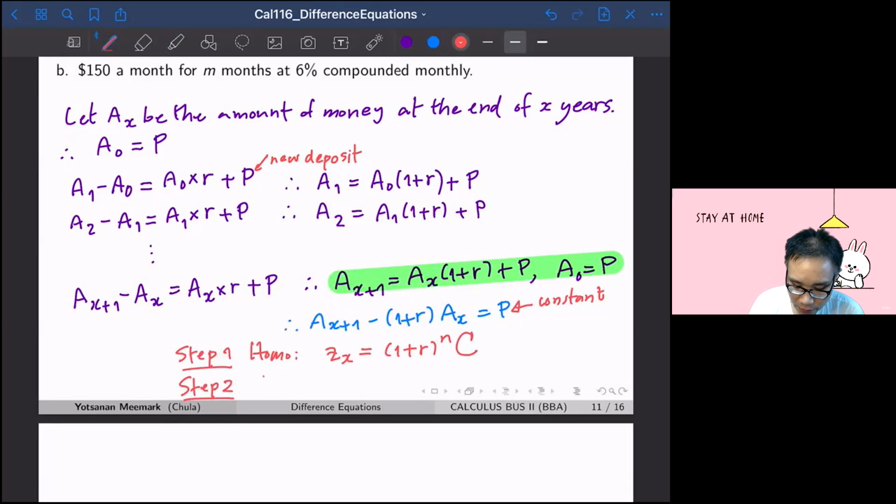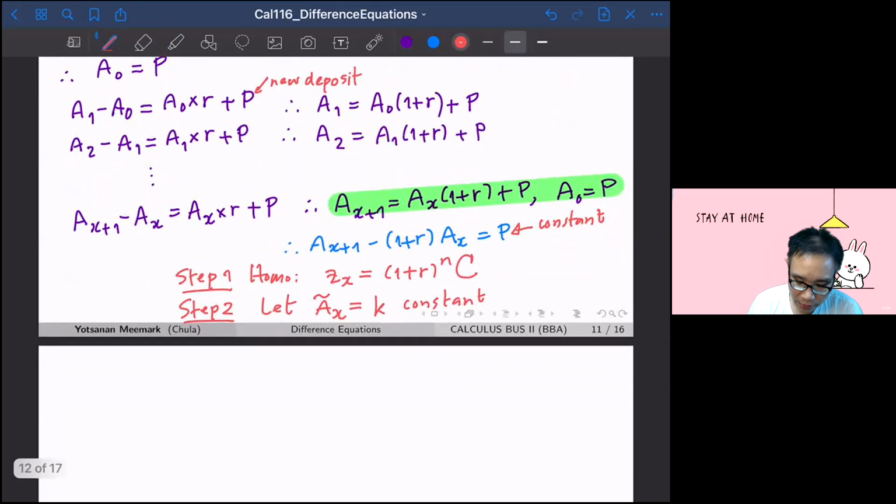So you're going to let the particular solution AX be a constant K. It has to be the same degree as your principal P. And you're going to have AX plus 1 particular turn out to be K as well.